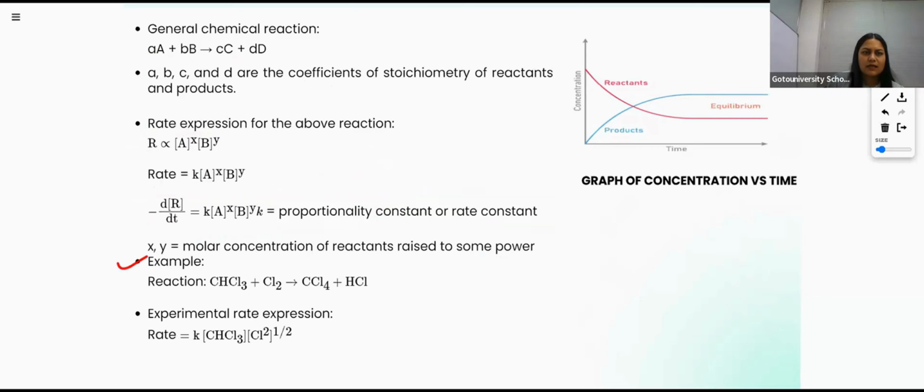Let us do one example where we will calculate the rate expression. How are we going to write the rate expression?